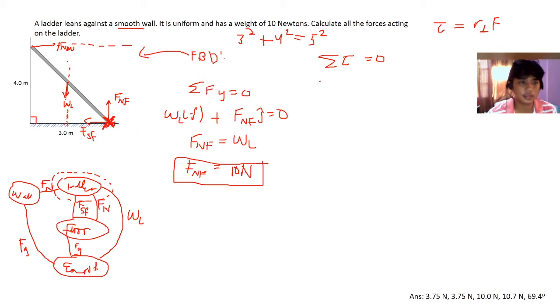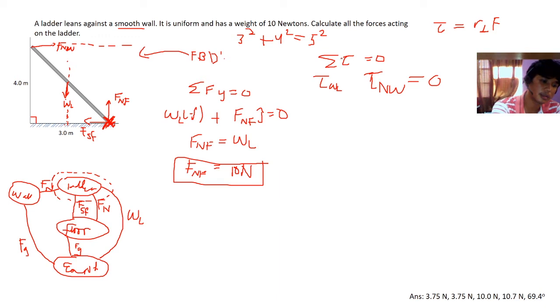So let's see. The torque done by the weight of the ladder plus the torque done by the normal force due to the wall is equal to 0. The torque done by the weight of the ladder makes the object rotate counterclockwise, so this is positive.